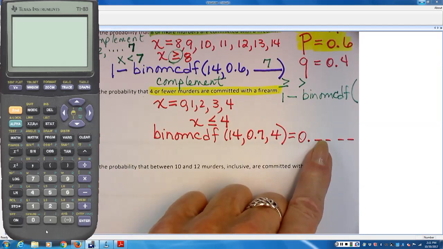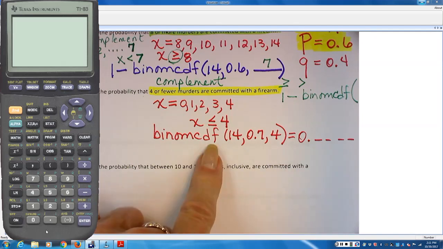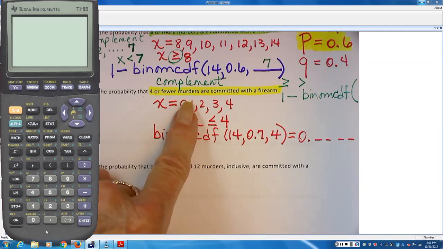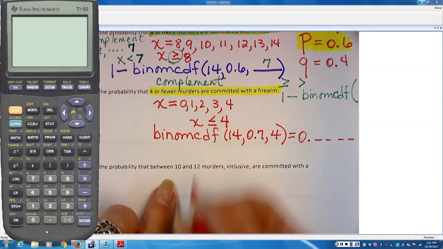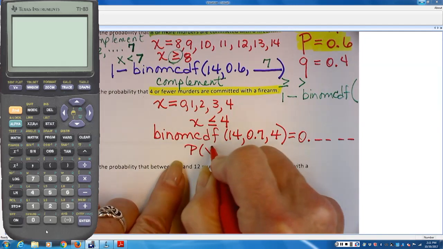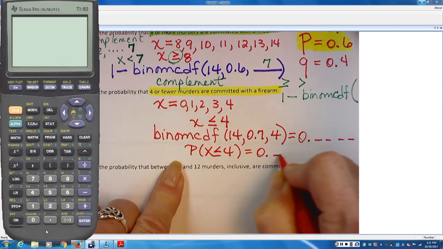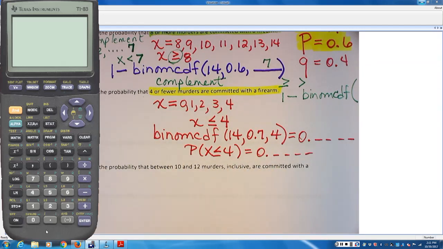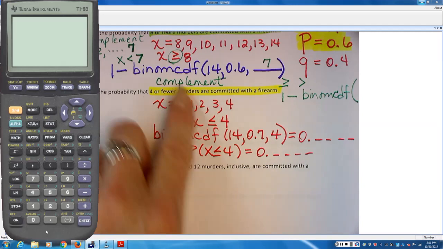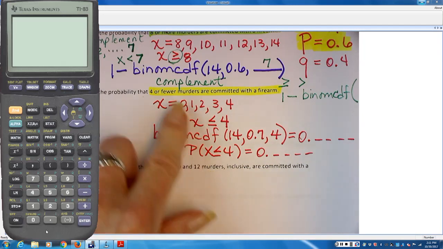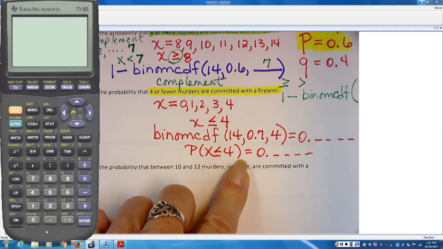Okay. 1 point. 1 point. 1 point. 1 point. 1 point. Any piece you leave out, you lose 1 point. Because if you don't write this, you're not going to get this right.